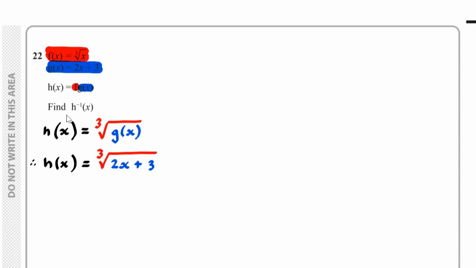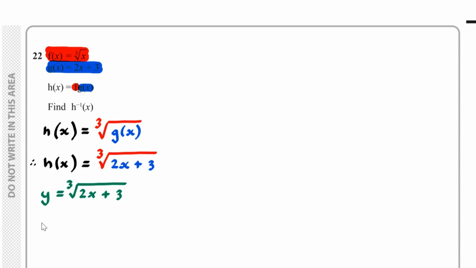Then, to find out the inverse of h, our first step is to replace h with y. So we have y equals (2x plus 3) cube rooted. Our next step is to rearrange for x.